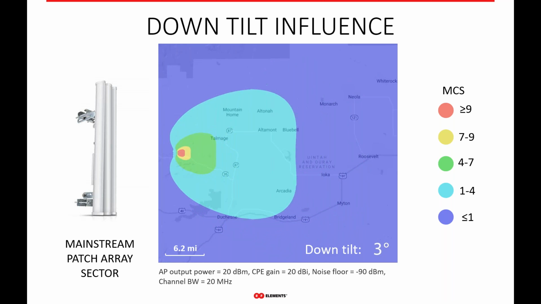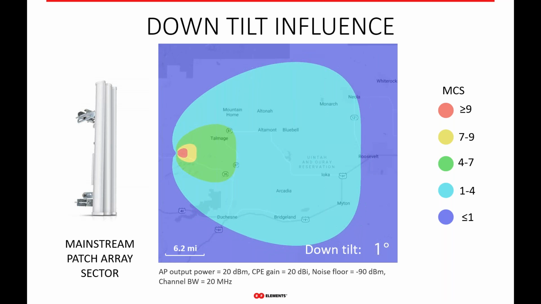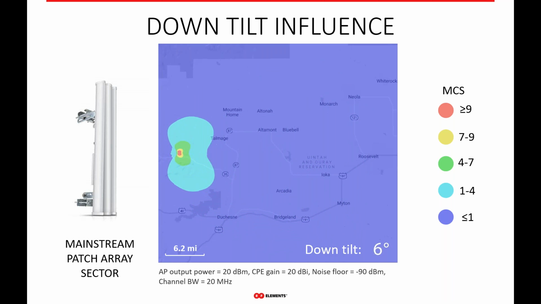So, at least with patch array sectors or any other antenna with a very narrow radiation pattern in the elevation plane, right? From this animation, you can see that anything beyond a few degrees of down tilt really makes the patch array pretty much useless, right? You don't have to go more than 4 or 5 degrees, and the pattern, or your coverage area, pretty much just starts to disappear, right?